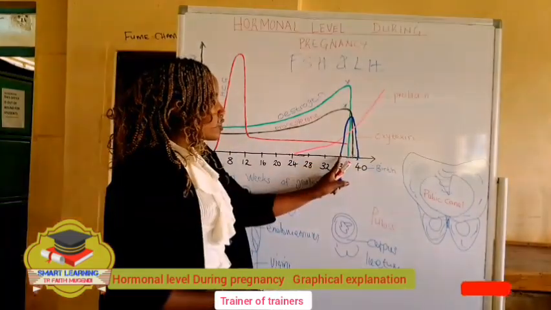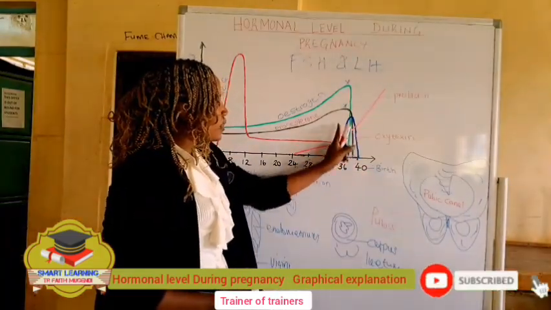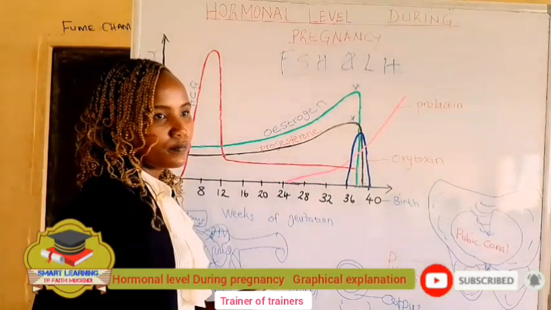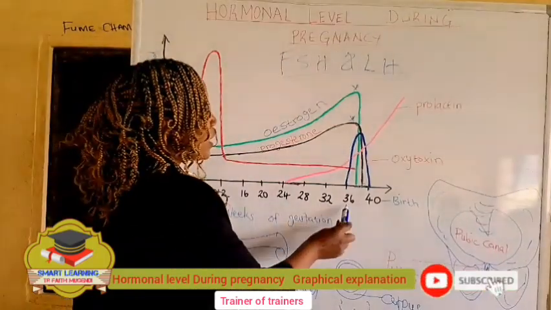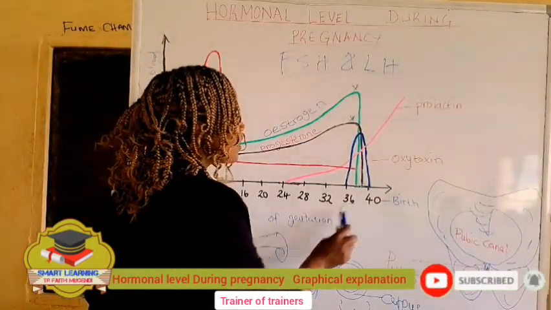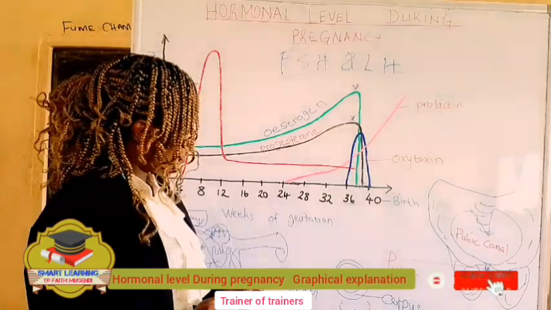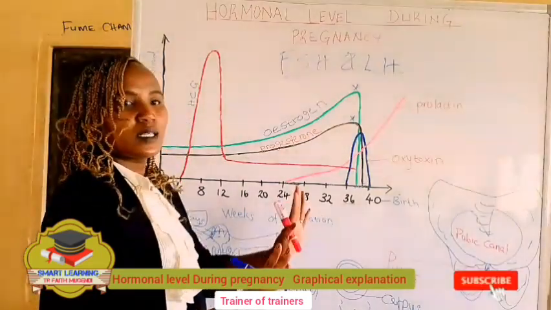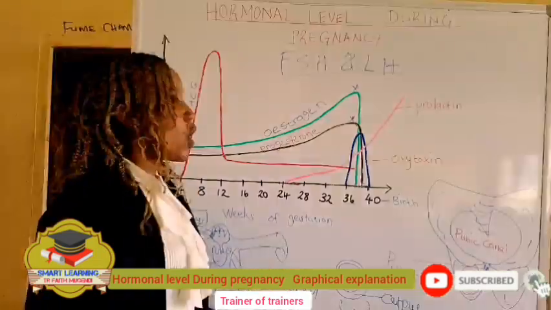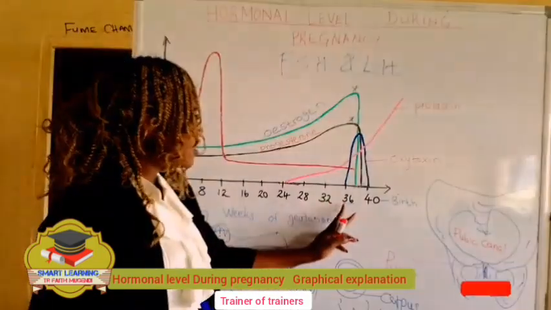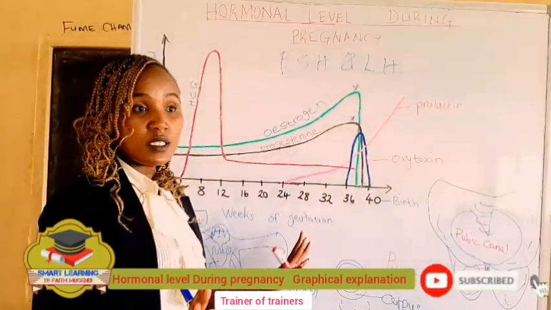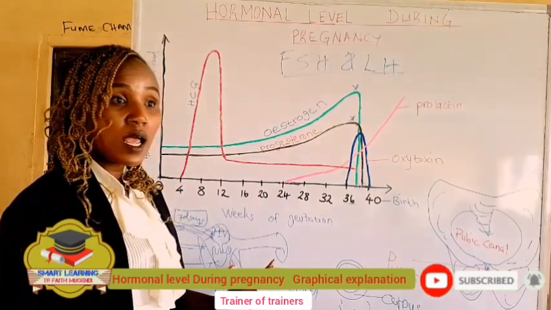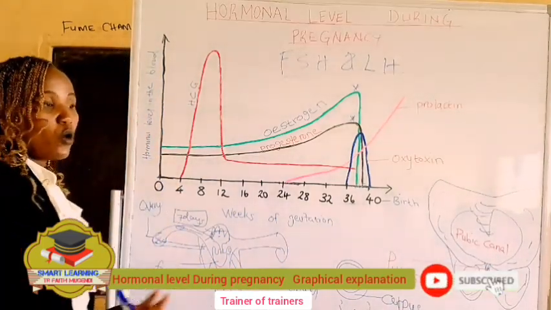This oxytocin hormone, indicated by the blue curve, is usually produced around the 36th week. This is because once the pregnancy reaches the 36th week, it means the baby is fully developed or fully grown.